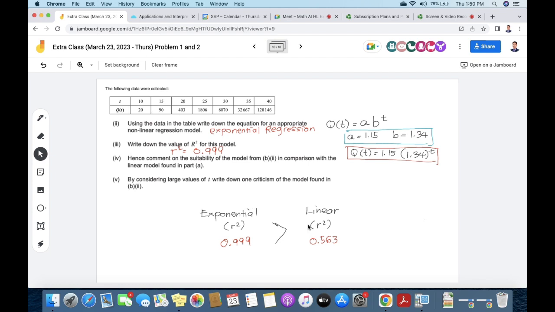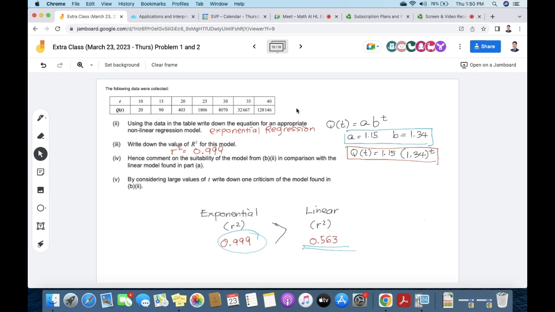So based on the values of the r squared, since the r squared of the exponential is greater than that of the linear, this exponential somehow represents the real situation. Do you follow?